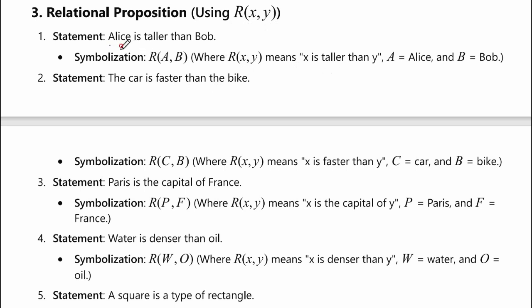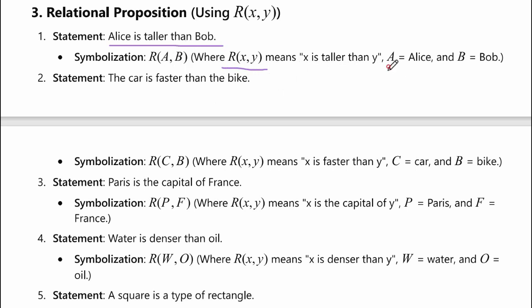So let's take one. Alice is taller than Bob. So R A B, where R X Y, this is the standard format, means X is taller than Y. We have to state this, R X comma Y, which means X is taller than Y. So when we say R A B, it means Alice is taller than Bob.